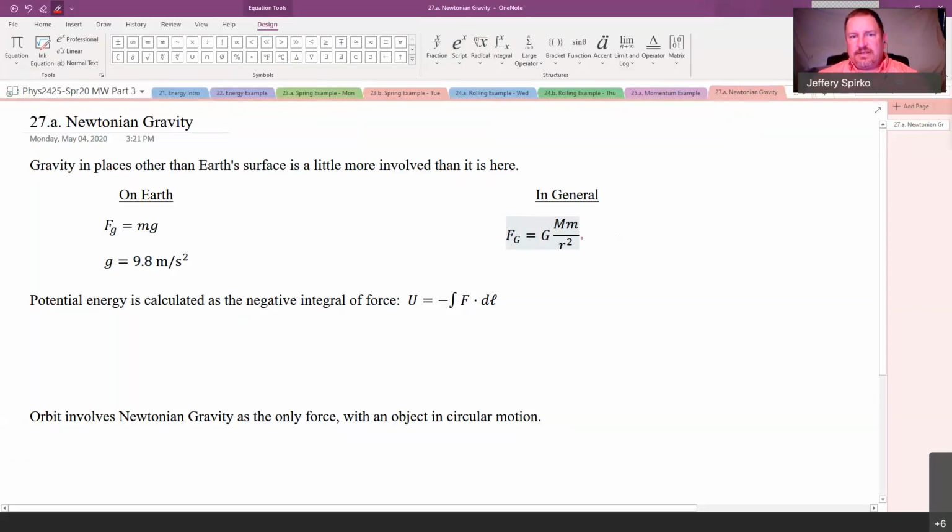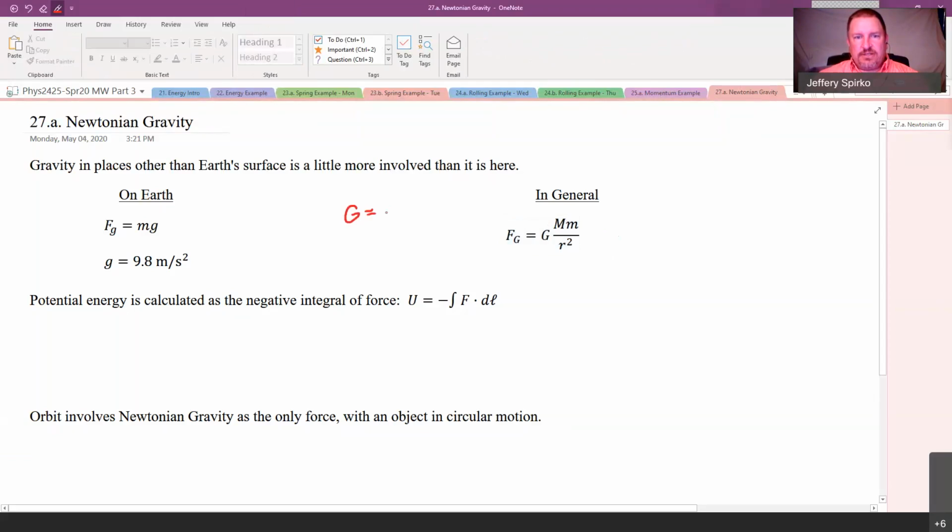The constant capital G is on the equation sheet, but it's 6.67 times 10 to the minus 11th. The capital M is the planet mass, and R is the center to center distance.